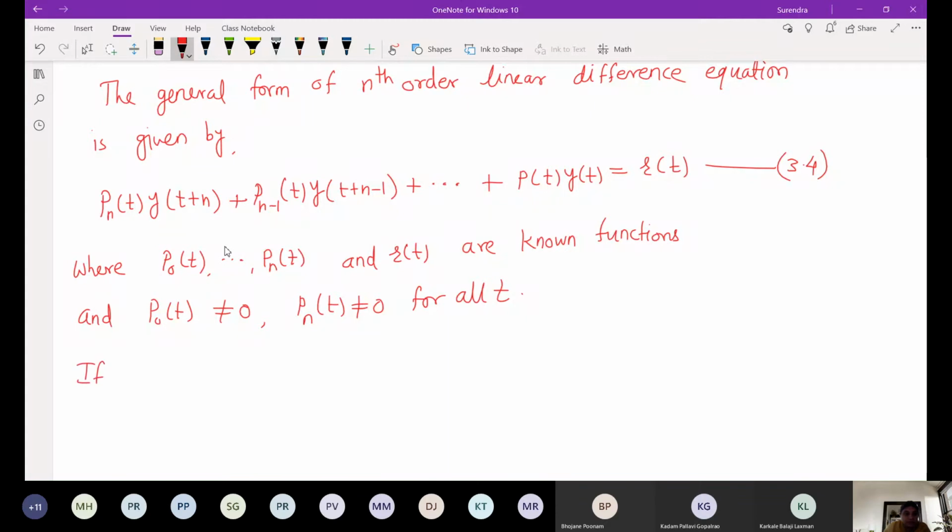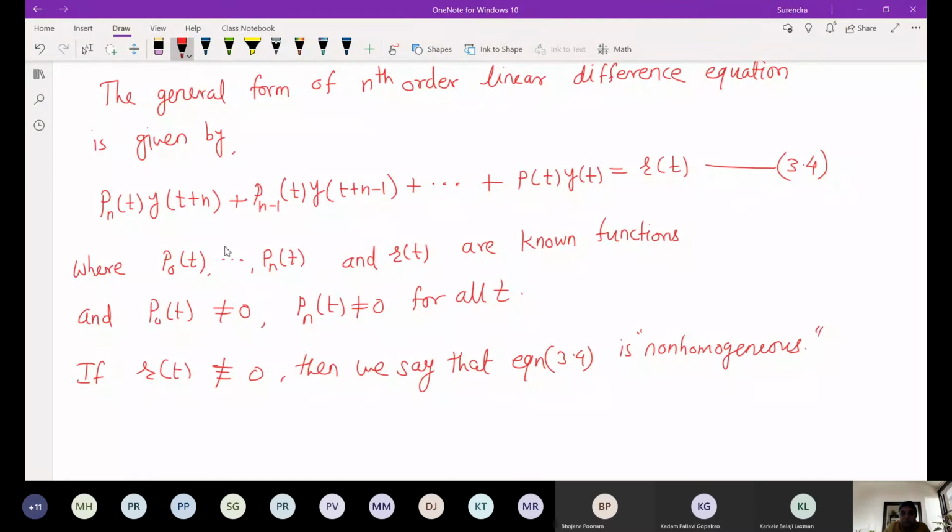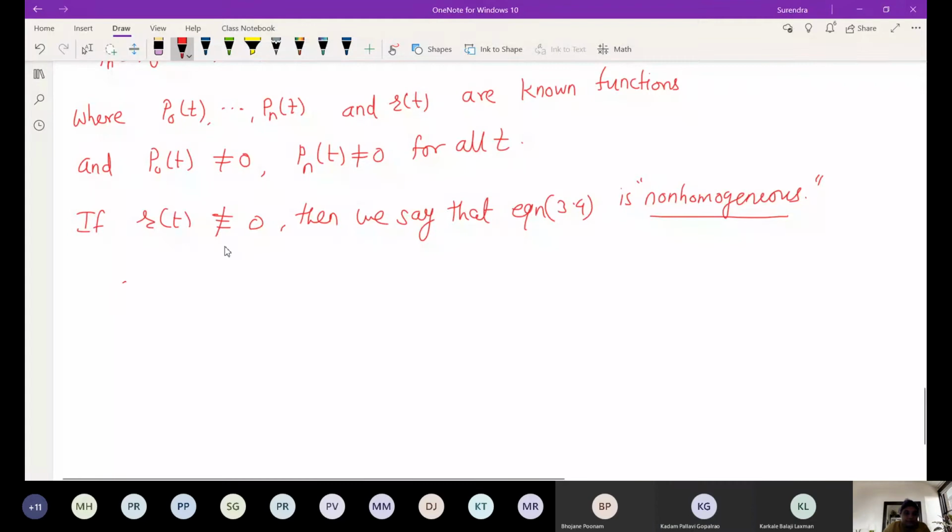If R of t is not equal to 0, then we say that equation 3.4 is non-homogeneous. And if it is otherwise, homogeneous.